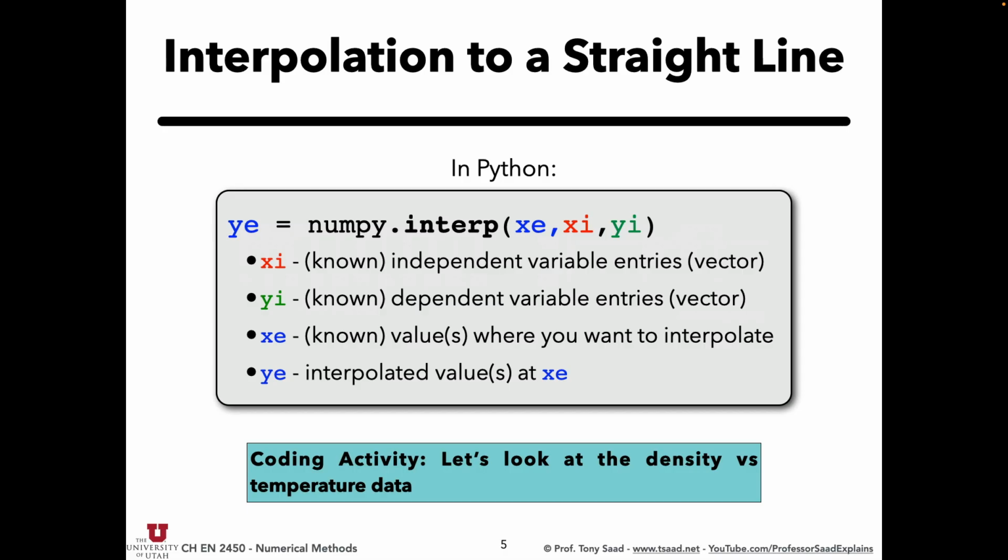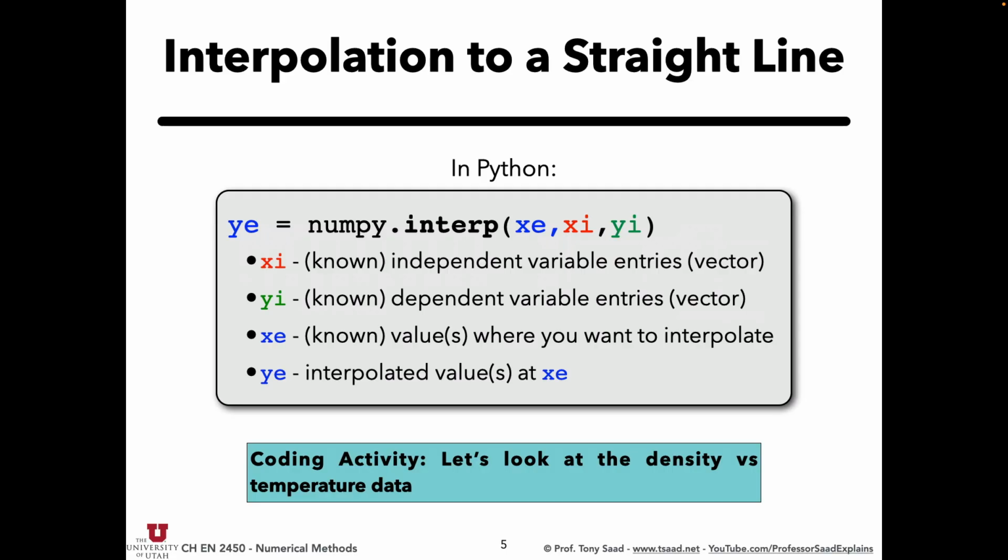Let's look at the density versus temperature data together. In your Canvas, if you go under Files, there's a new folder called Data, and there's a subfolder in that called Interpolation. It's the babushka folders.